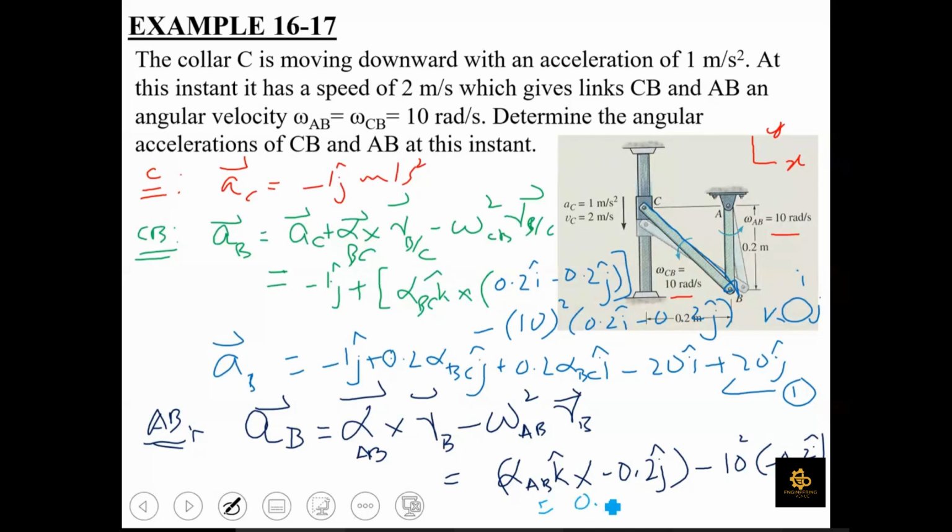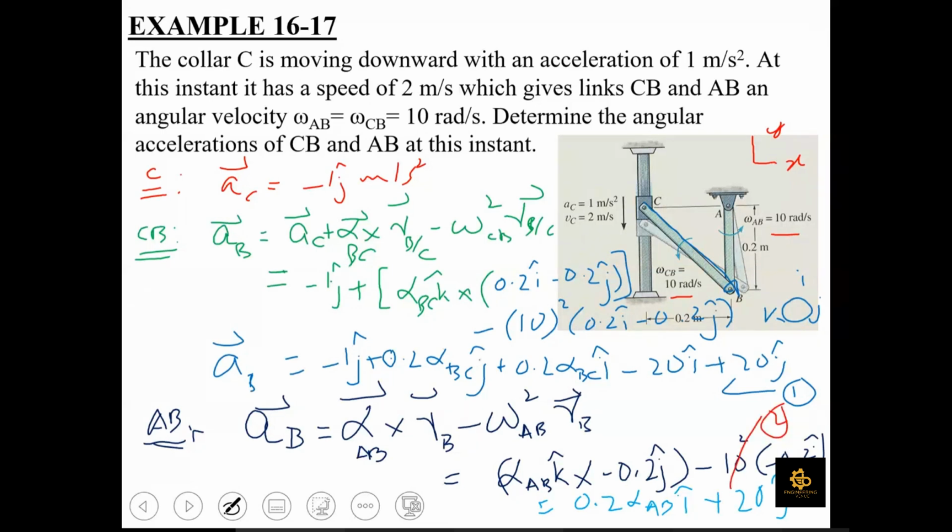So 0.2 alpha AB I ये आपके पास एक टर्म हो जाएगी, and the second term minus minus plus हो जाएगा, 10 square which is 100 into 0.2, so 20 J आपके पास आ जाएगा, so plus 20 J. So let me call it as equation number 2.